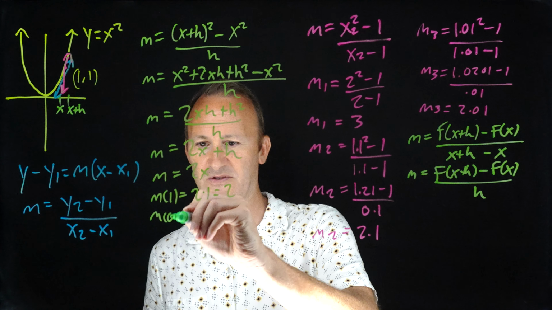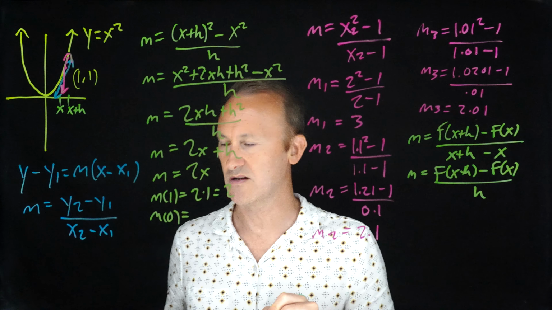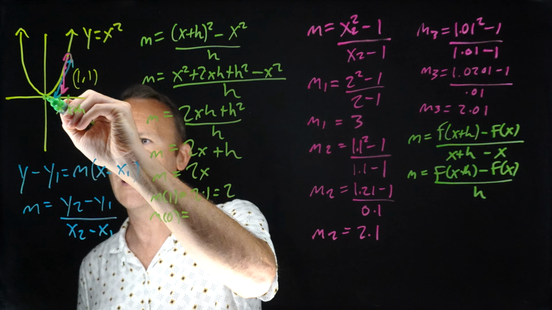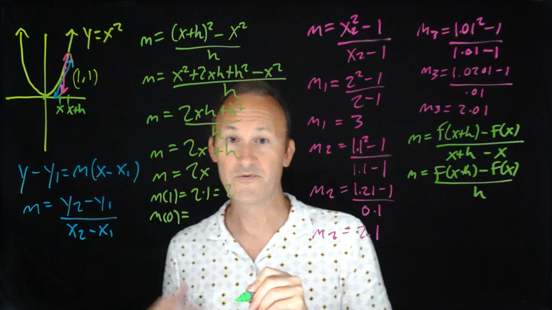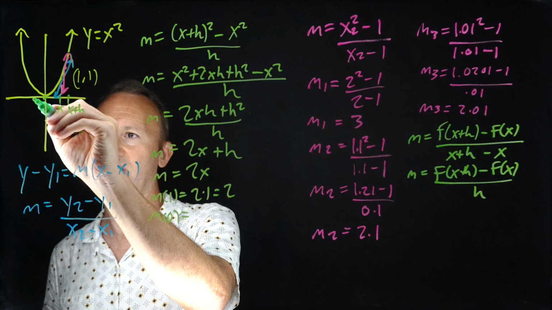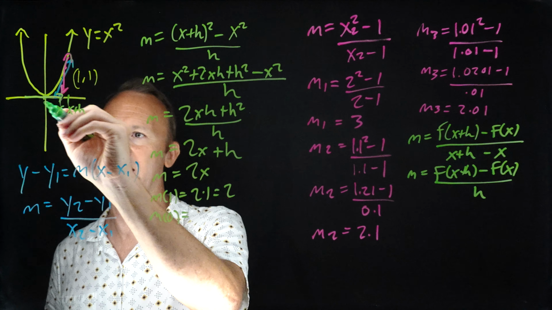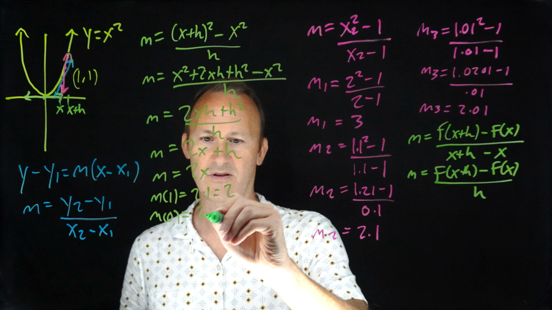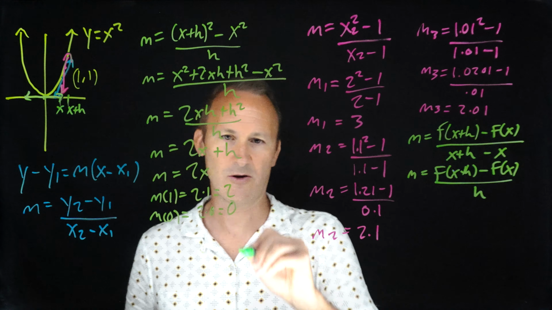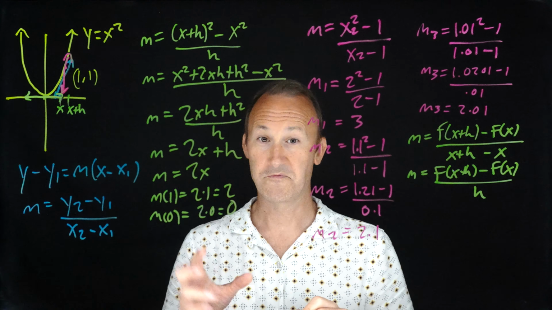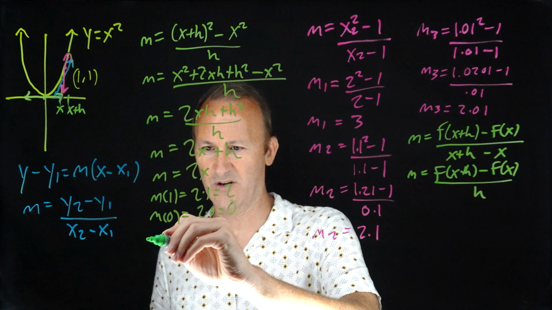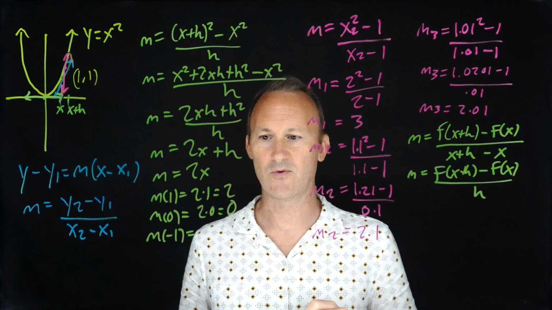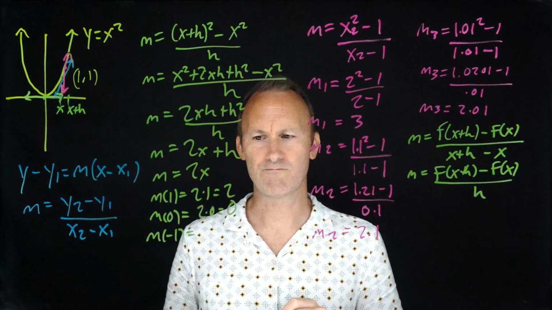Well, let's try m of 0. What m of 0 means is you want the slope at the point 0, 0 of the tangent line. Clearly the tangent line here is the x-axis. It is y equals 0. And if we plug in, we get 2 times 0, which is 0. That's looking good. Let's try one more point. What about negative 1? What is m of negative 1? Let's find out.